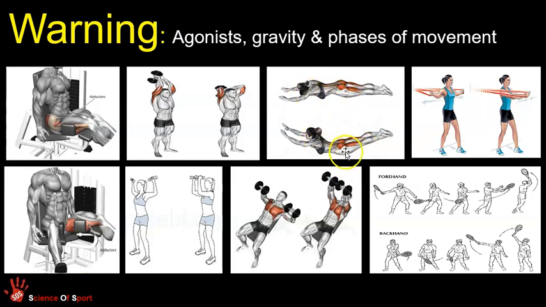So the extension movement is caused by these muscles contracting to pull the lower limbs back up. But actually in lowering those limbs back down to the ground, it's again the same agonist muscles.